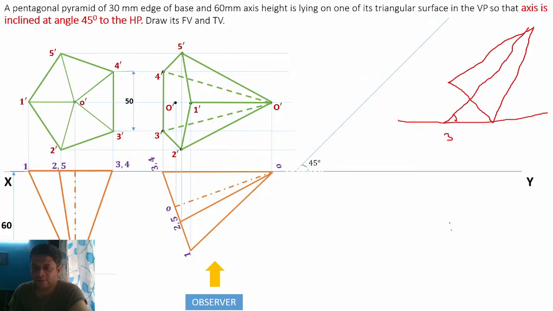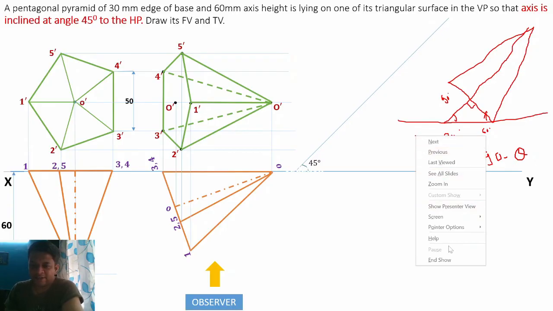So to draw this object, we should know that this angle will be 90 degrees, and this angle will be 90 minus 30, so 60 degrees. So when the axis makes a particular angle, then its side will make an angle equal to 90 minus the given angle. Always remember this. When the axis makes a certain angle with the XY line, its sides will make an angle 90 minus theta with the XY line.